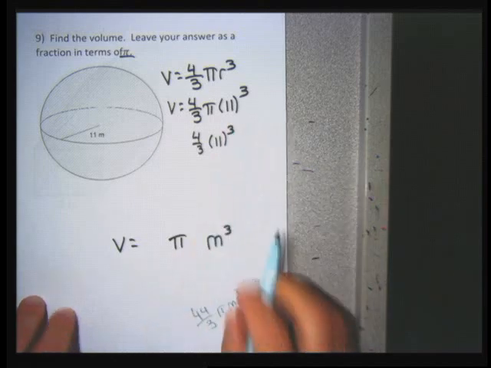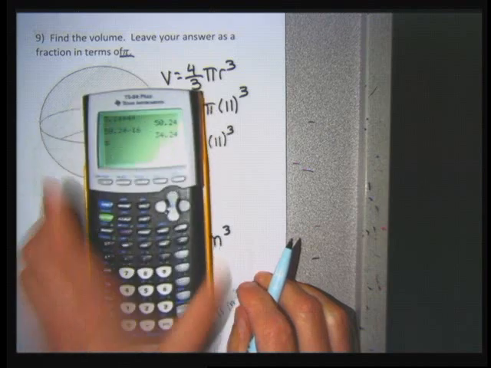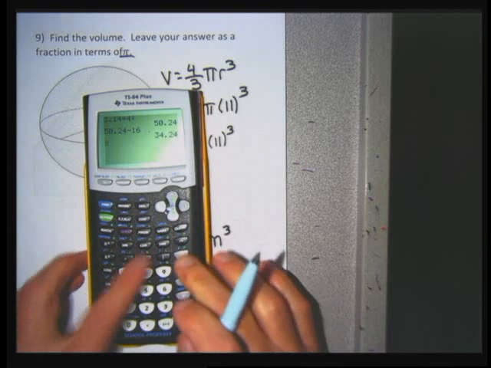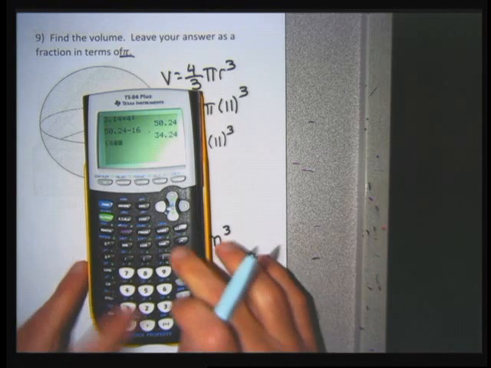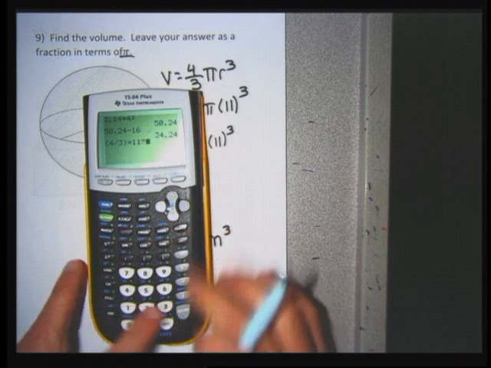And it doesn't say whether to give a decimal or a fraction. I probably prefer the fraction, but I'd live with a decimal. So to do this, I'm going to go parentheses 4 divided by 3 and then times 11 up arrow cubed.